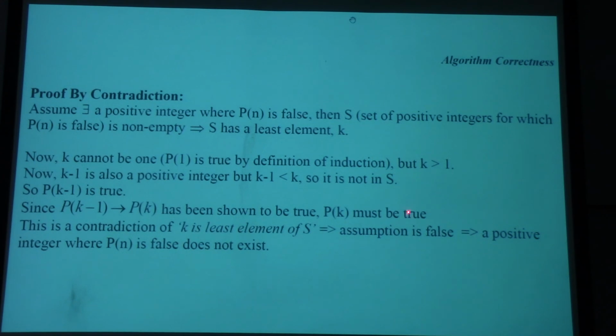But that's a contradiction, since K is the least element of S. And therefore the assumption that those two are not sufficient for induction is false. It implies a positive integer where P of n is false does not exist.